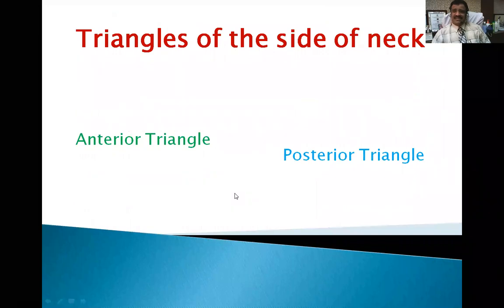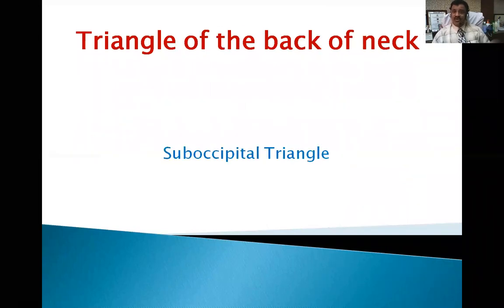When we actually answer for the triangles of the neck, we answer only about anterior triangle and posterior triangle. But I told you there is one more triangle on the back side, and that is suboccipital triangle. So actually there are three triangles on one side and three triangles on the other side.